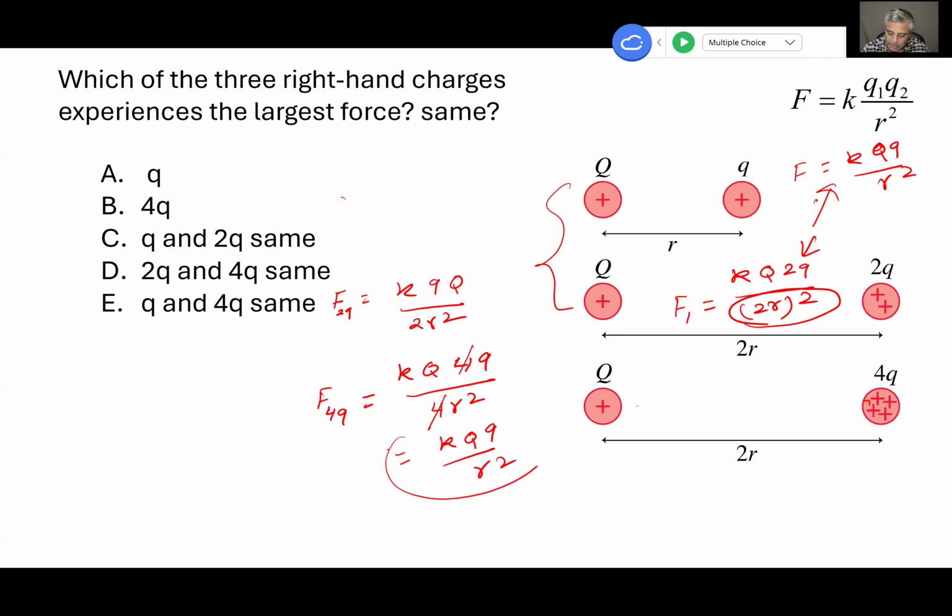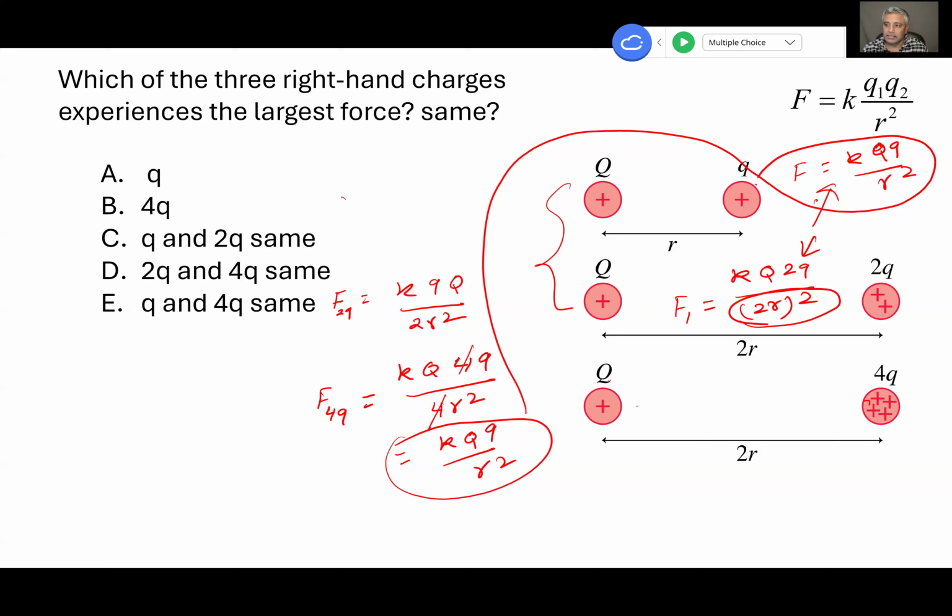So now this one here is the same as this one over there. And the force on this one is only half of those. So looks like Q and 4Q, they are the same. So that means E is the correct answer in this case. Okay?